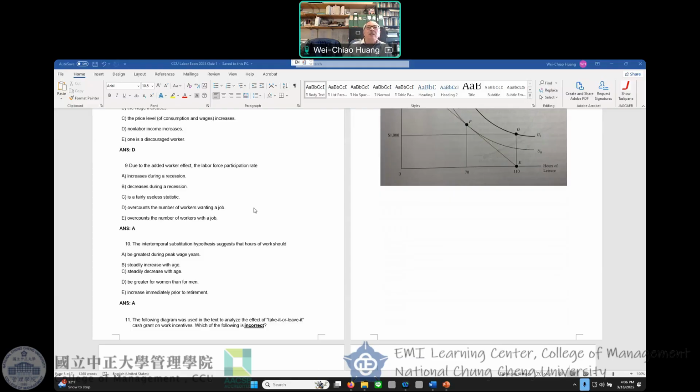Number 9, due to the added worker effect, the labor force participation rate would what? There's a section discussing this added worker effect and discouraged worker effect because of the labor supply response due to a business cycle. Okay, you got to read that section in chapter 2.